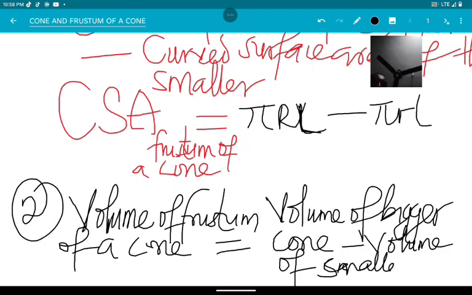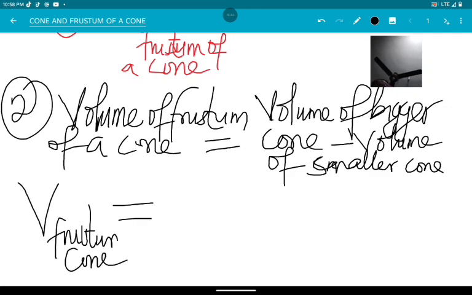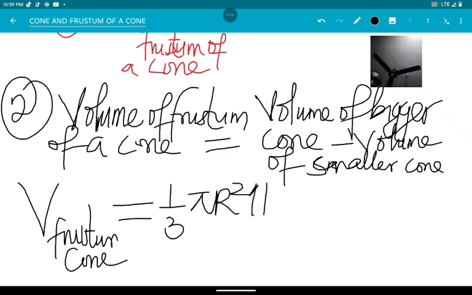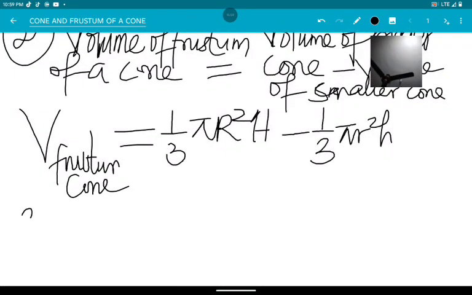That's how you calculate the volume of a frustum. So by formula, the volume of a frustum cone is, because the volume of the bigger cone is 1 divided by 3 pi big R square big H, minus 1 divided by 3 pi small r square small h. You have developed the formula for the volume of a frustum of a cone.